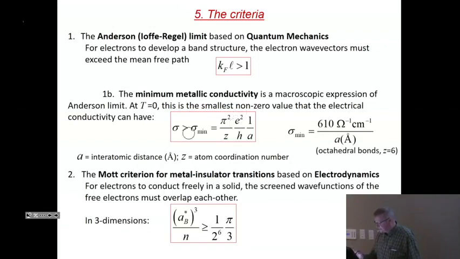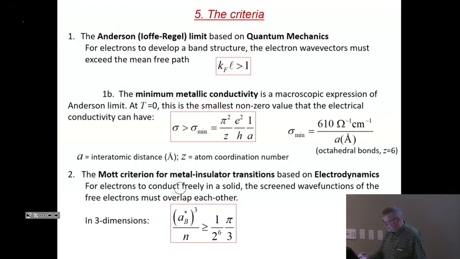Now, you will remember, this is the expression that leads to that. Notice the quantum of conductance, the lattice spacing, and the coordination number, the number of nearest neighbors. There is a second criterion, which is the criterion for metal insulator transitions, and that is not based on quantum mechanics, but on electrodynamics.